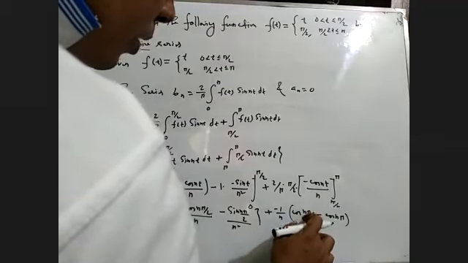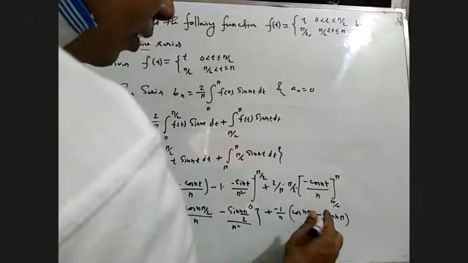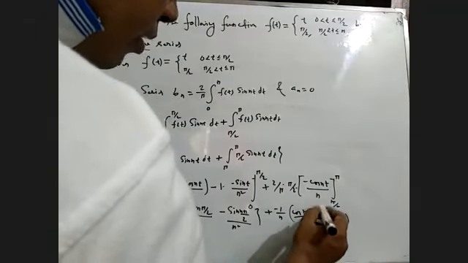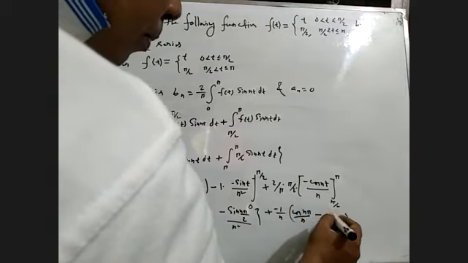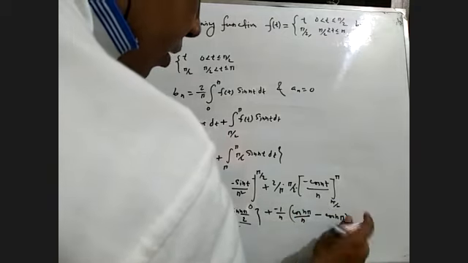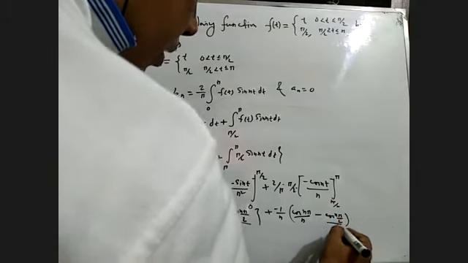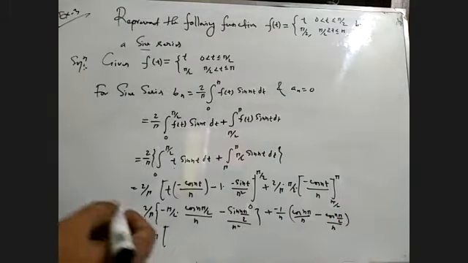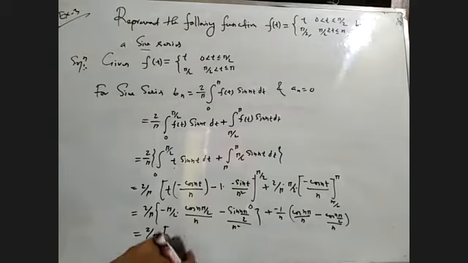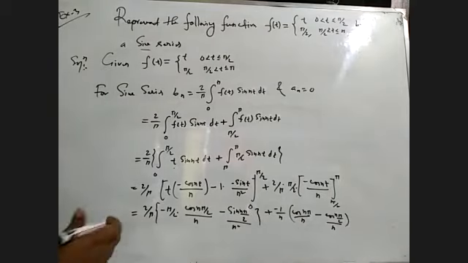So this will be cos n pi by n minus cos n pi by 2 divided by n. This is the value of Bn.